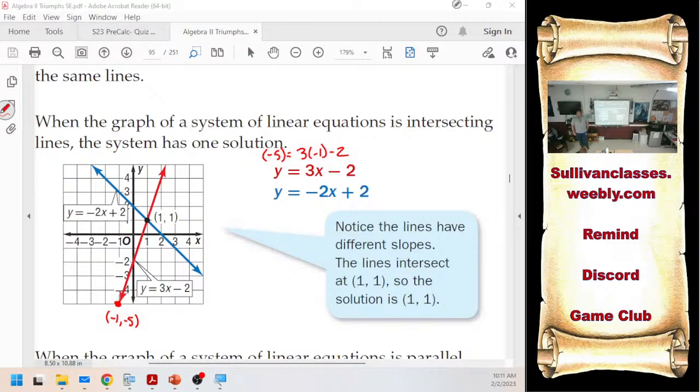What's 3 times -1? -3. What's -3 minus 2? -5 equals -5. This point is a coordinate that makes that true.